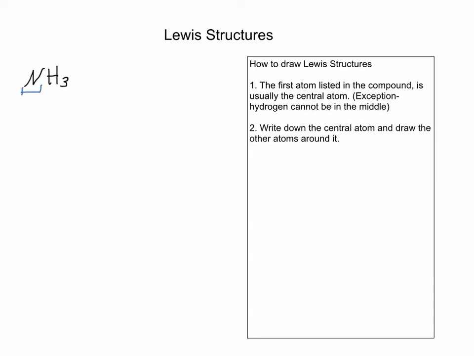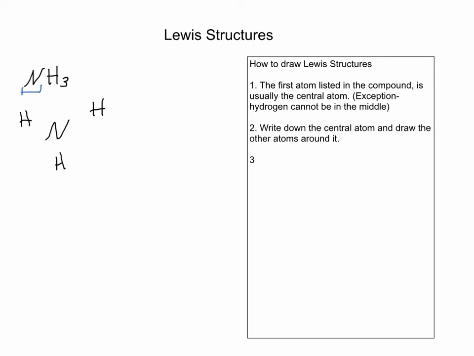So that's going to look like, here's nitrogen in the middle, and then we'll draw our hydrogens around it. It's important to remember that because electrons surround these elements and electrons are all negatively charged, the atoms are going to want to stay far away from each other. So try not to group all the surrounding elements on one side. Try to spread them out as much as possible.